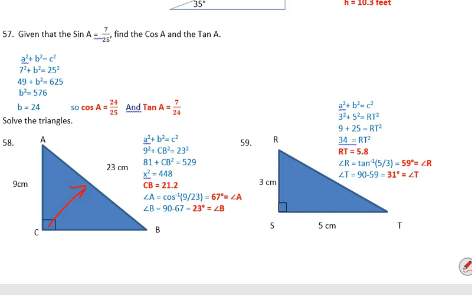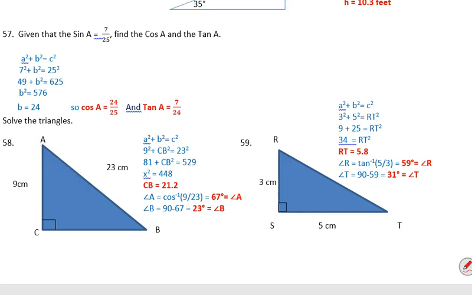So to find angle A up here, we could say the inverse cosine. Cosine is adjacent over hypotenuse, so that's going to be 9/23. And to find B, we could then just subtract this 67 that we already got from 90 to get the 23. We're going to use the same process for the other one over here.